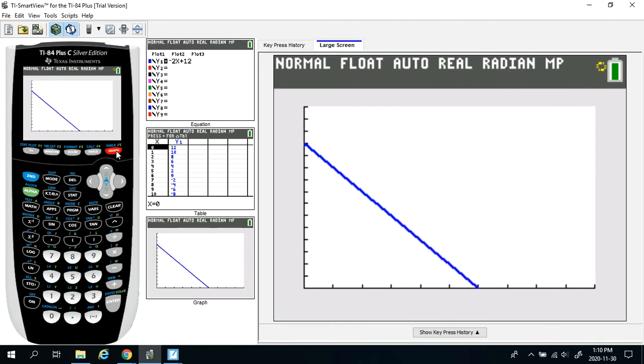Okay, that's not bad, but if we're going to use some of the calculator functions to get x-intercepts or y-intercepts, we need to see both sides of the x and y-intercept. So I'm going to go back to the window settings and change it so I can see a little bit of the left side of the y-axis and the bottom side of the x-axis.